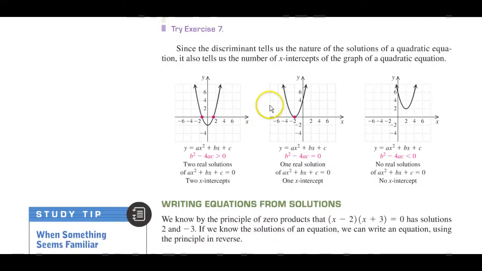And here again is a nice summary of what we just went through. Two real solutions, and again, they may be irrational or rational depending upon the nature of your discriminant. Here it's going to be 0, so you only get one solution. Here, no real solutions. There is no x-intercept.